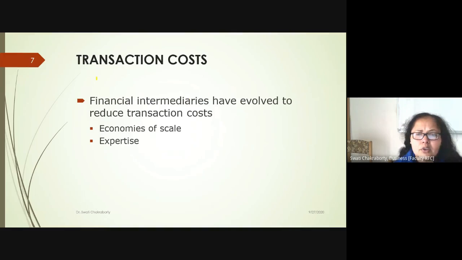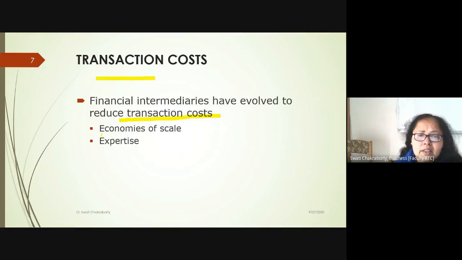So, transaction costs. All the financial intermediaries have evolved to ensure a reduction in the transaction costs when a transaction takes place, whether a transaction of goods and services or of money.